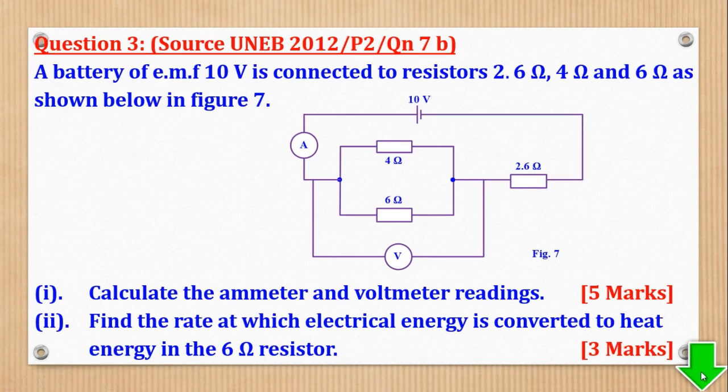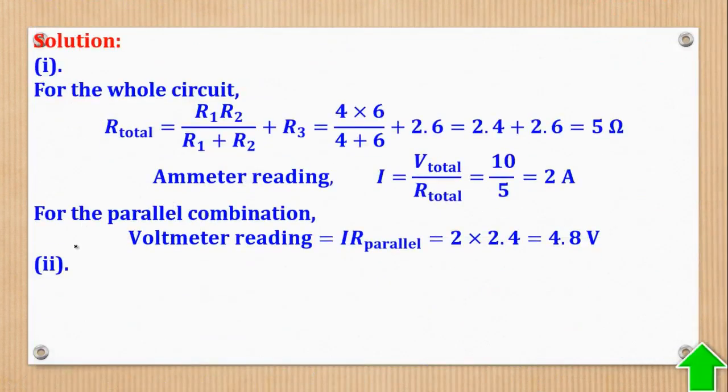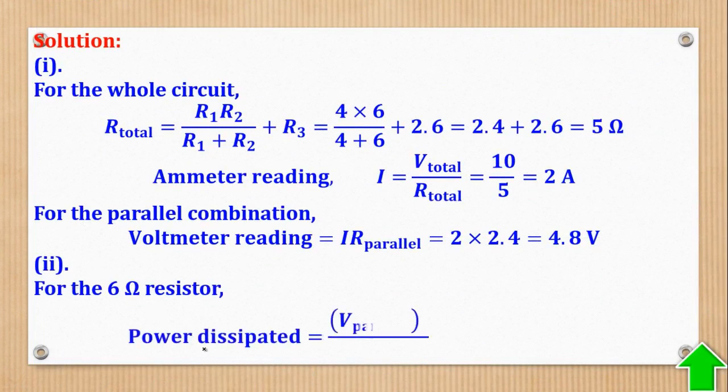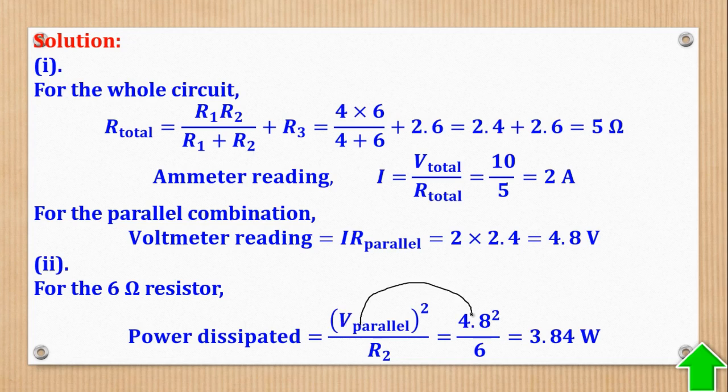Therefore, for the 6 ohm resistor, power dissipated is V squared over R. So V squared is the PD across the parallel combination, which is 4.8 squared, and the resistance is this resistance of interest, which is 6. So we'll come up with 3.84 watts.